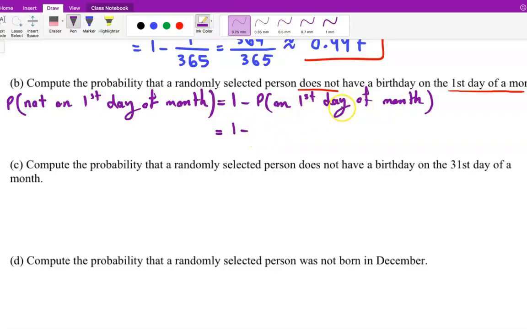Since we have 12 months, and it's the first day of month, on top we have 12. And we have 365 days a year. So the answer is 0.967.